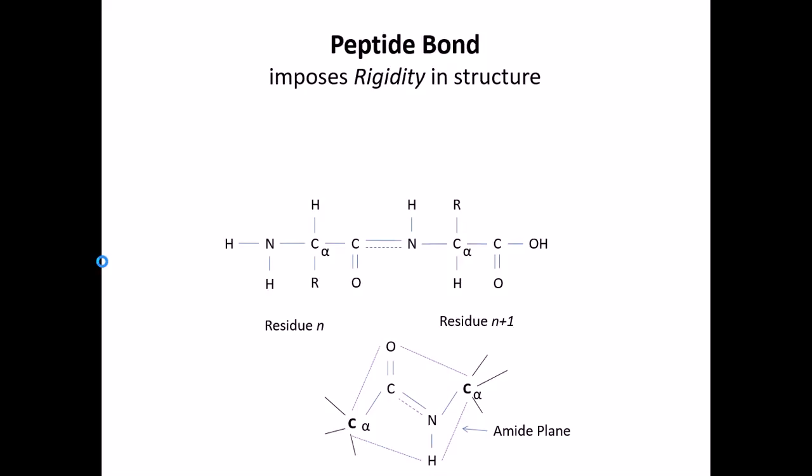As these all exist in the same plane, because of the restrictions that the peptide bond puts, the atoms that are there in the entire plane exist as a rigid structure.